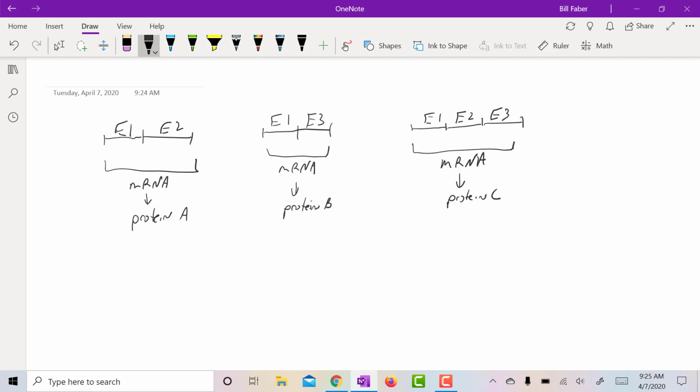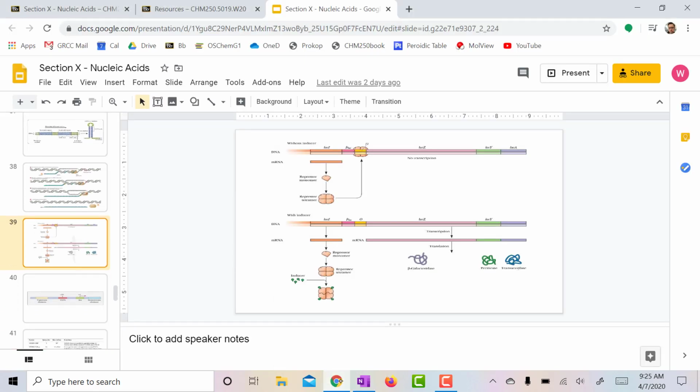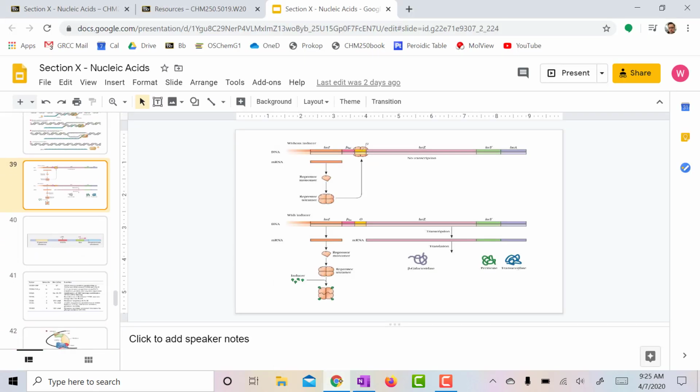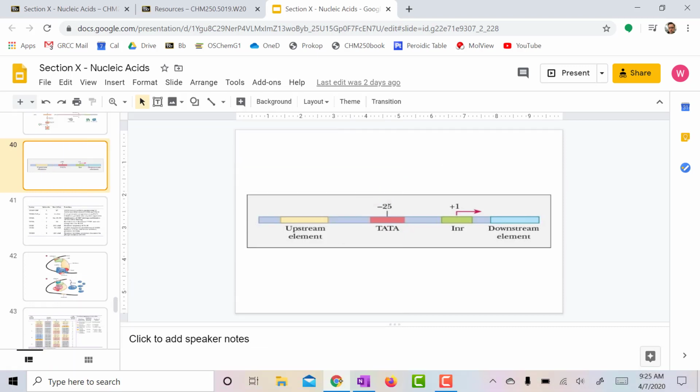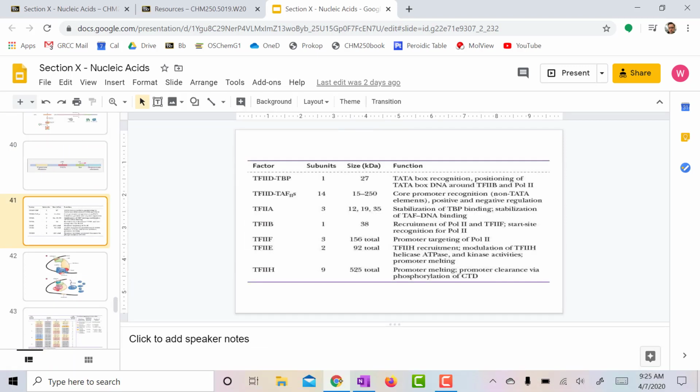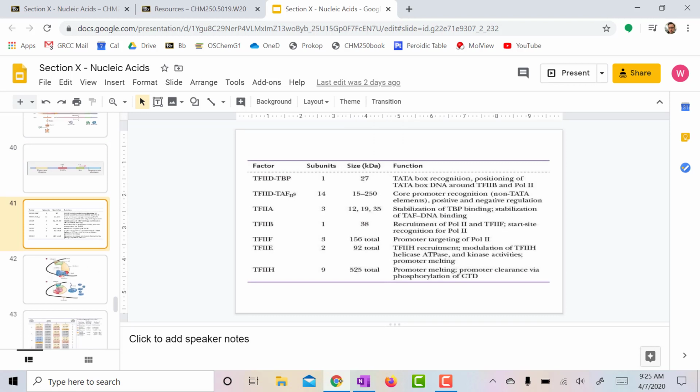All I have here are different eukaryote structures and different binding structures and how these things connect with one another.